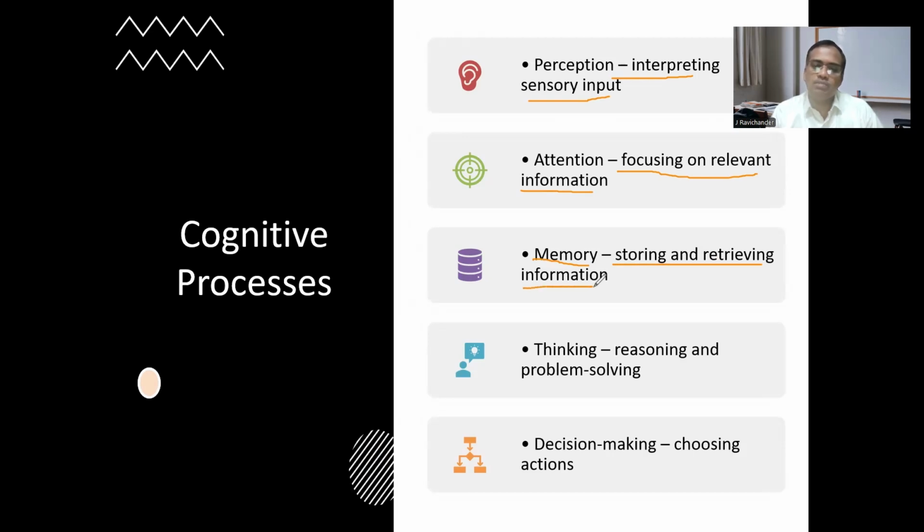Thinking is reasoning and problem solving, and decision making means choosing actions. So these are the main components of cognitive science: perception, attention, memory, thinking, and decision making.